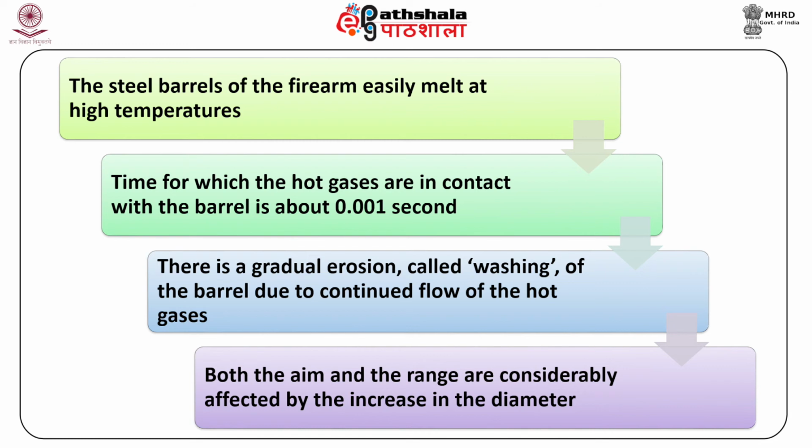Fortunately, the time for which the hot gases are in contact with the barrel is about 0.001 second. Therefore, the high temperature does not create the havoc which is otherwise expected.